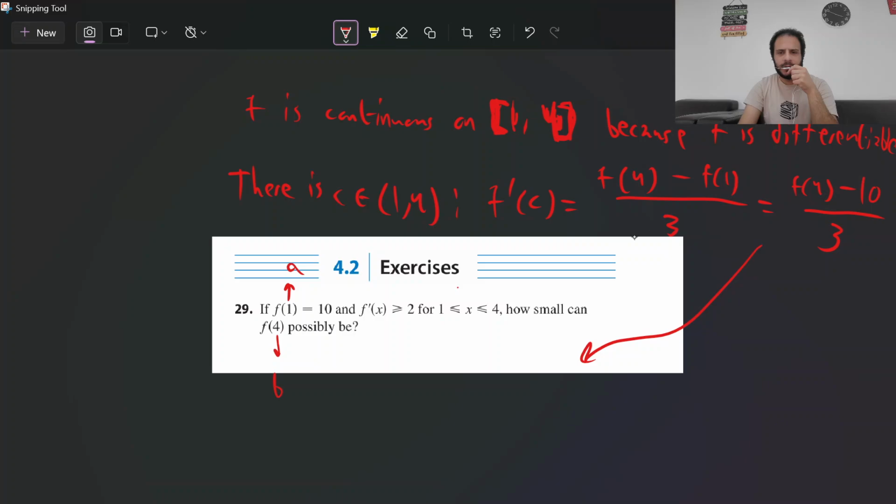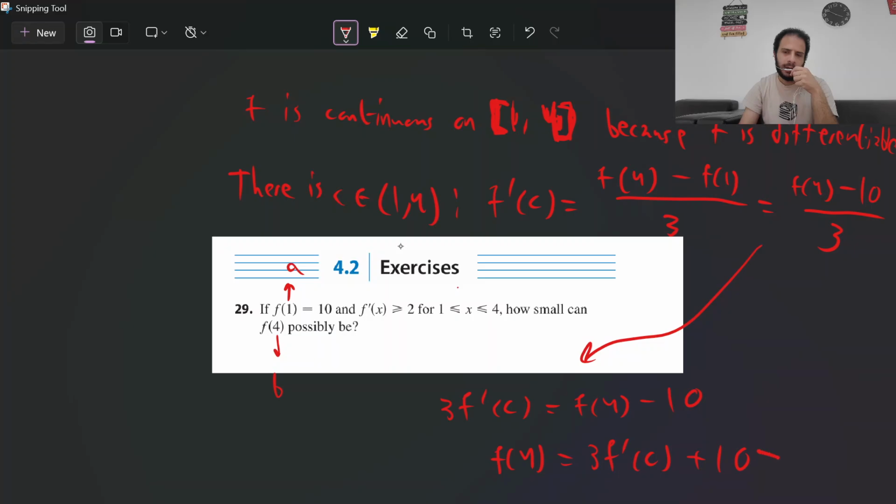Now multiply both sides by 3. You get 3 f prime of c equals f of 4 minus 10. Add 10 to both sides, you get f of 4 equals 3 f prime of c plus 10, right? We wanted how small it can be, right? So what's the smallest value of f of 4?